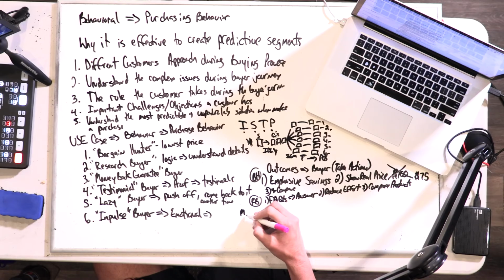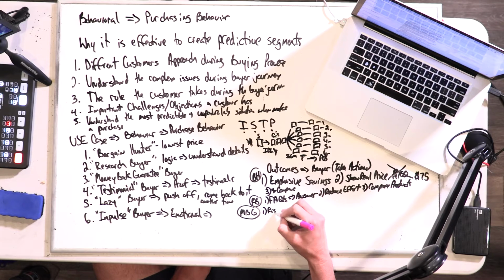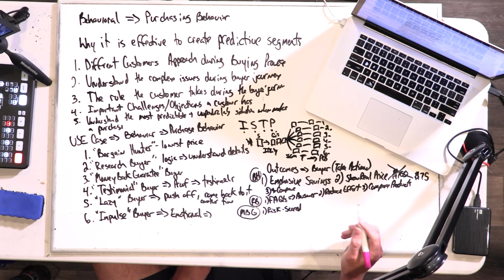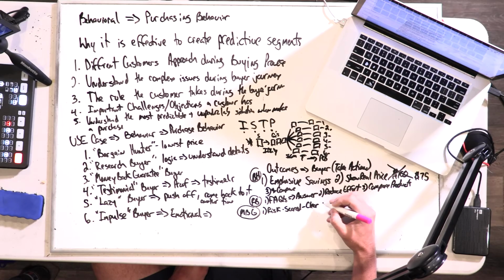Number 3, our money-back guarantee buyer. This is somebody that doesn't like to take a lot of risk. They're scared. You need to make it very, very clear what all your policies are.